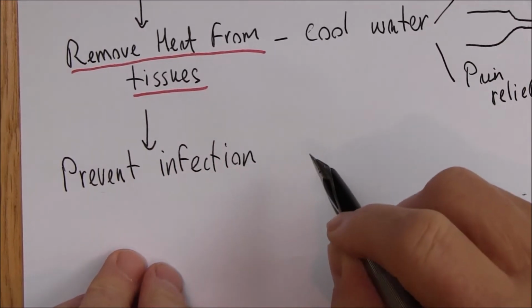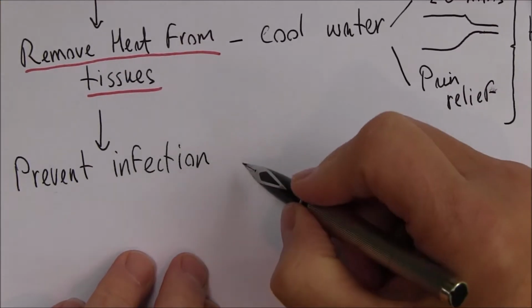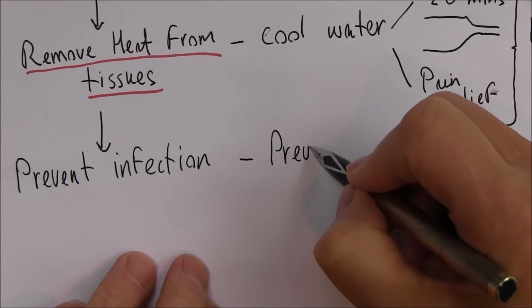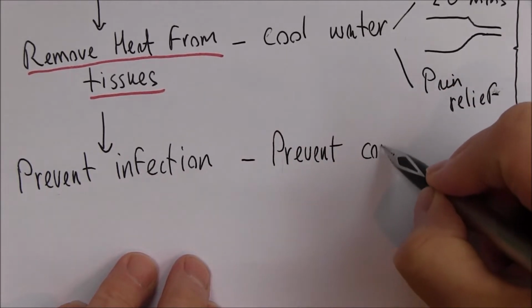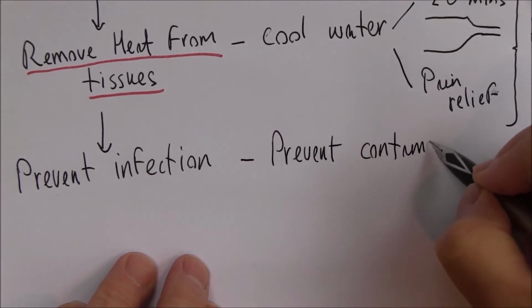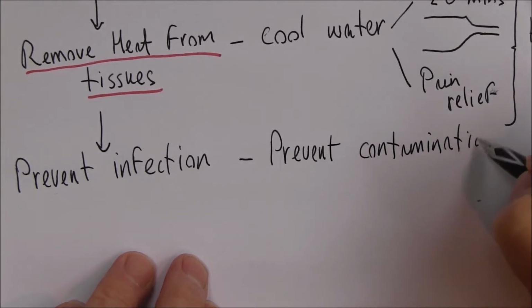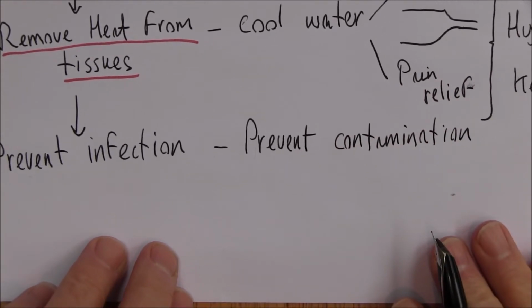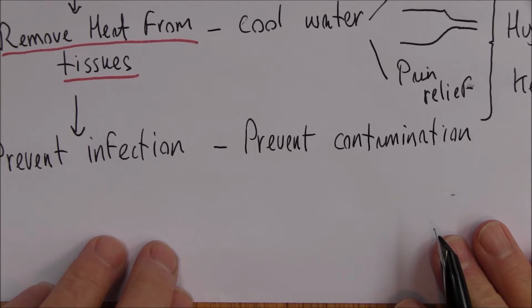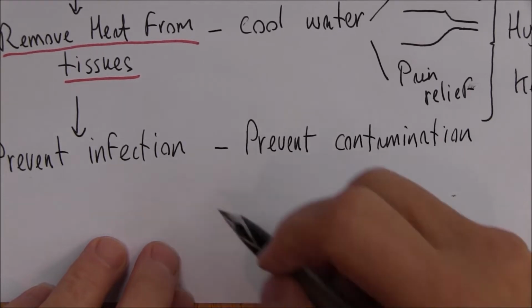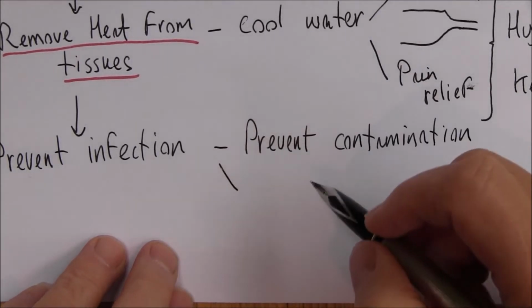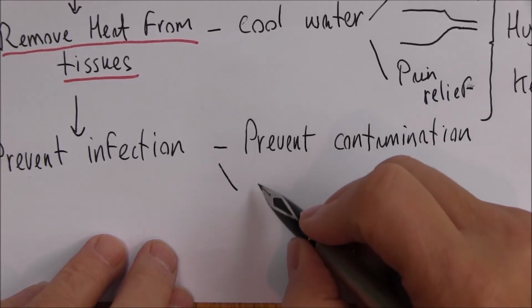So we need to prevent contamination of the wound. We do not want this wound to be contaminated with bacteria. And the best thing to do here, once we've cooled the wound down, is cover with a clean, moist dressing.